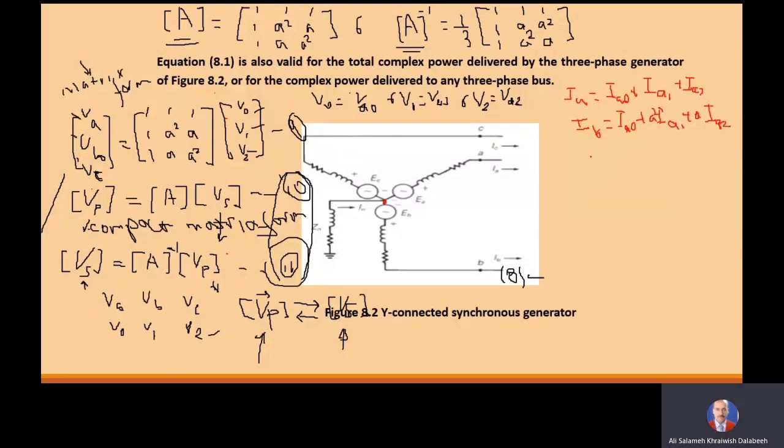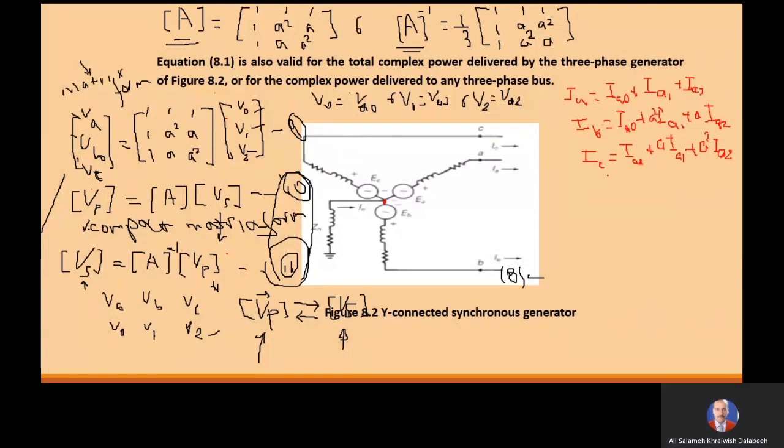And the same for current C. IC is equal to IA naught plus A IA1 plus A square IA2. All these equations, from 1 to 11, even the equations for the currents, were written in the previous lectures.